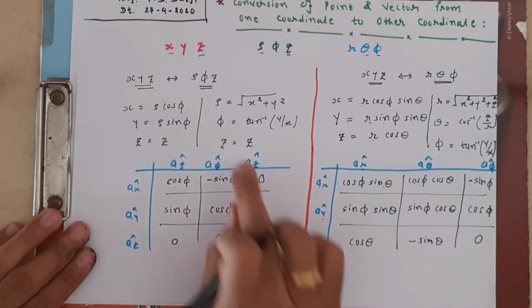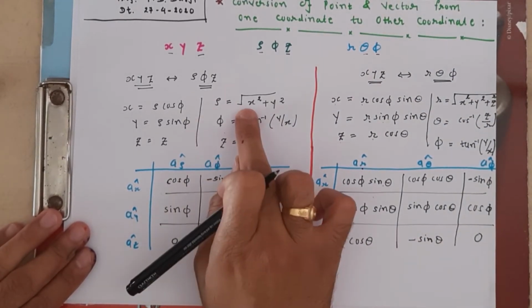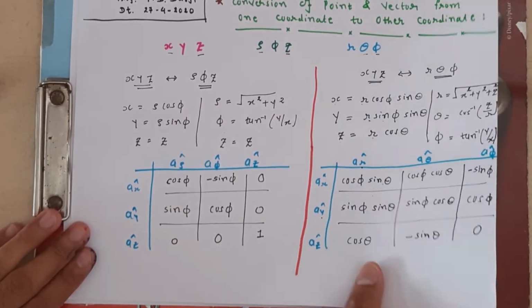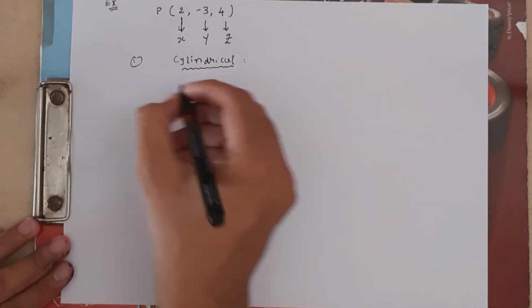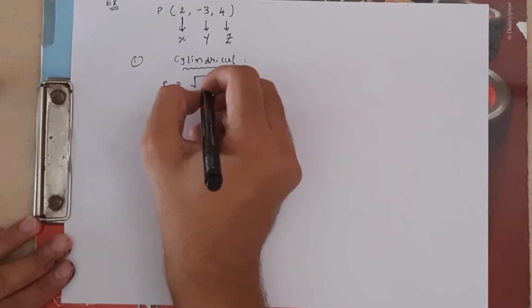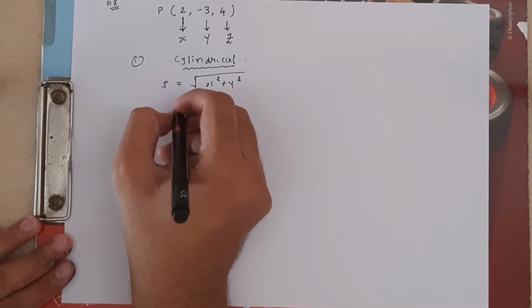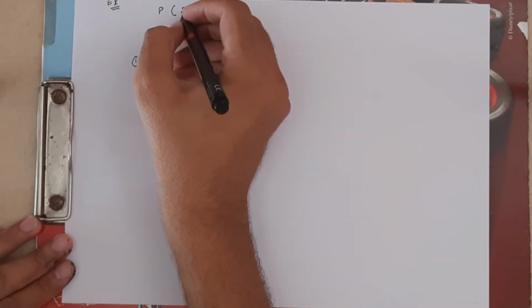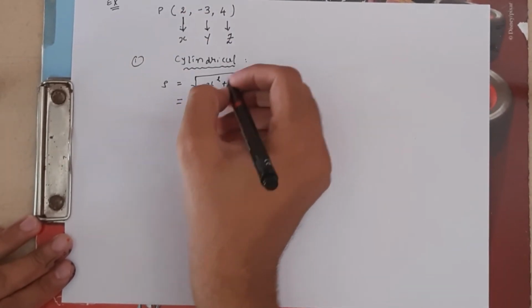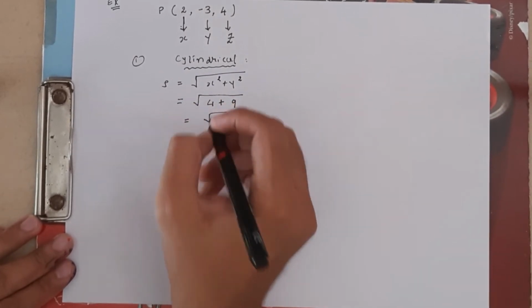So I have to find the value of rho, phi and z. What is rho? Rho is equal to under root of x square plus y square. So it is under root of 4 plus 9, so the answer is under root of 13.